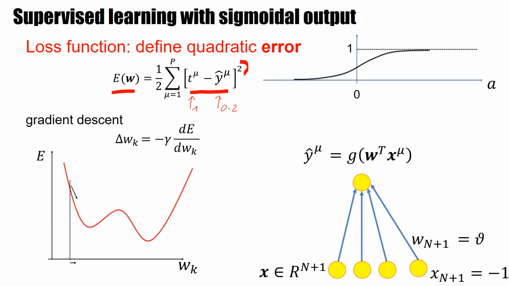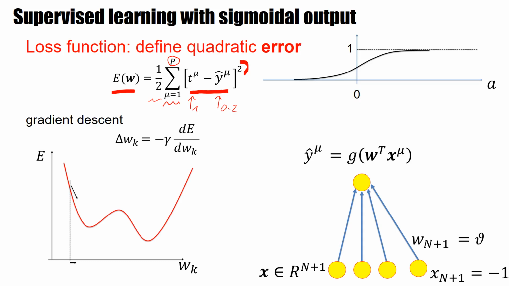The factor of 1/2 in front has no deep meaning. And this was the quadratic error for one pattern, but in fact, we have to consider all the p patterns of my database, and therefore we sum over all these p patterns.